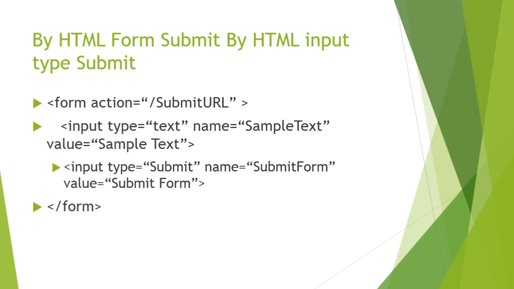If you have this kind of input in a form, whenever you click on that submit button, the page is directly submitted to the server, and where it will be submitted is taken from the form action. Whatever action you have written, in that URL the form will be submitted. So this is a basic thing.